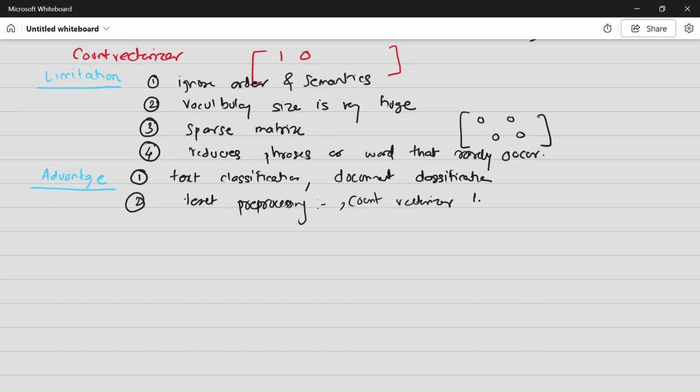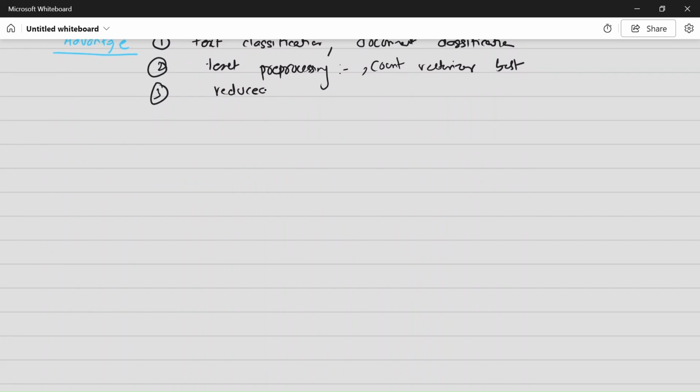Third, if we apply this text processing, another benefit is it reduces noise. Once it reduces the noise, your NLP model focuses on meaningful content. So this is the advantage of using the count vectorizer.